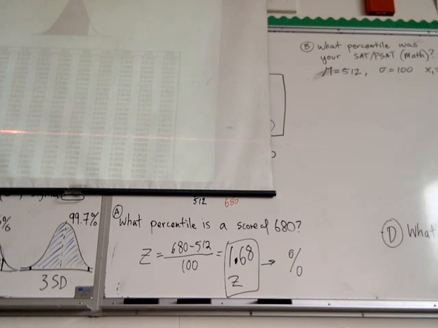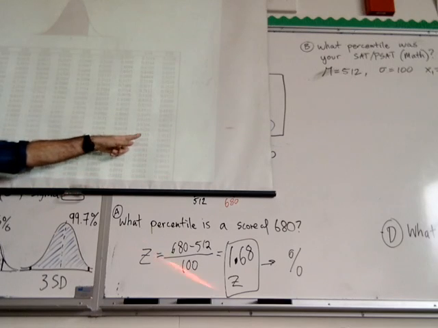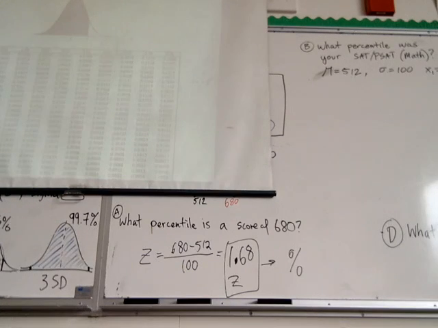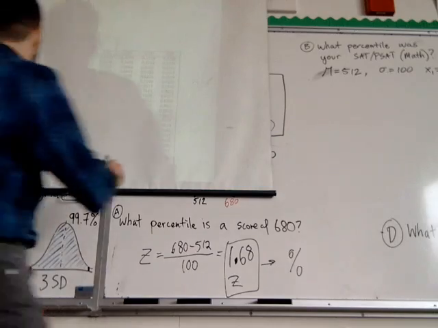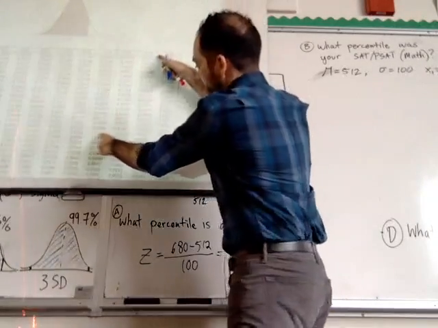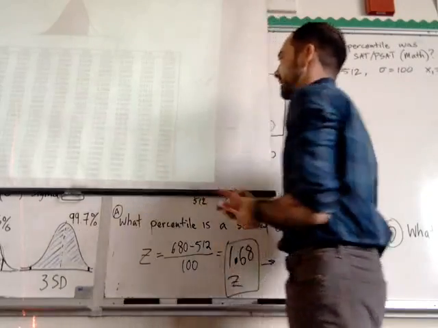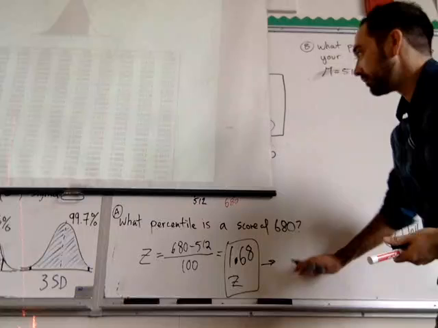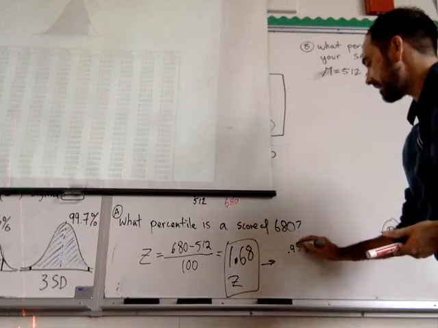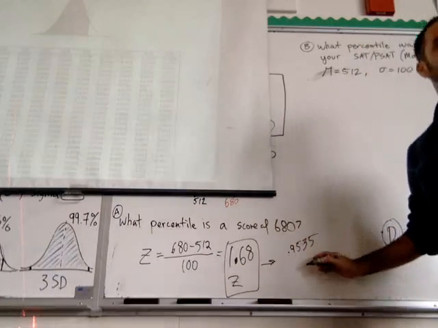So where those things meet, what do we have? We get down to here, because that's saying 1.6 and 0.08 where they meet. That is our percentile. So we're going to have to do a conversion, no big deal. We get 0.9535. What is that as a percent? Good.